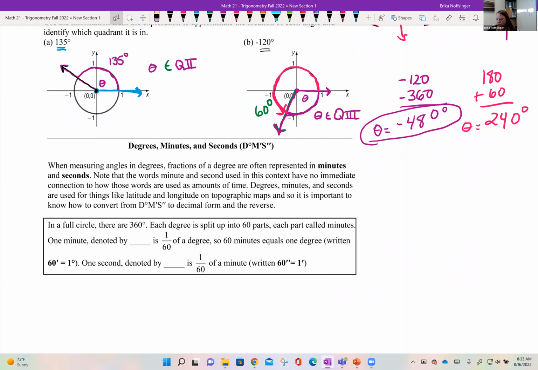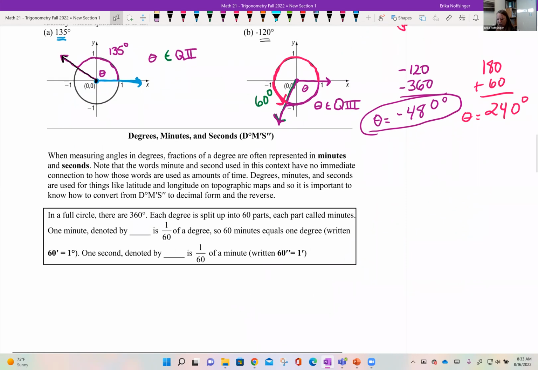Let me read through this, and then we'll talk about it, and we'll do some examples where we convert decimal degrees into degrees, minutes, and seconds, and angles in degrees, minutes, and seconds back to decimal degrees. So you should be able to convert back and forth.